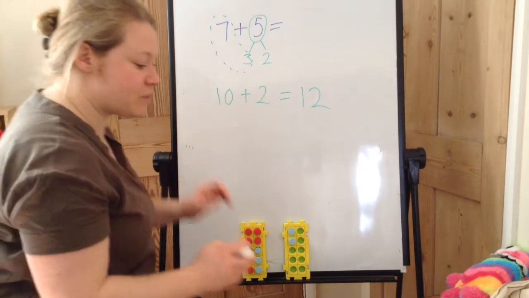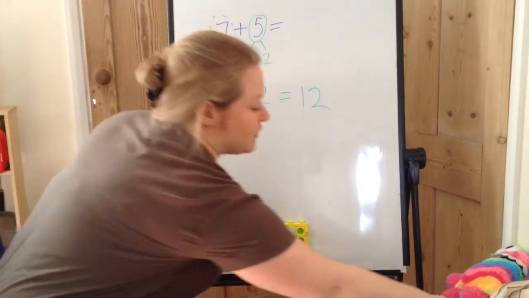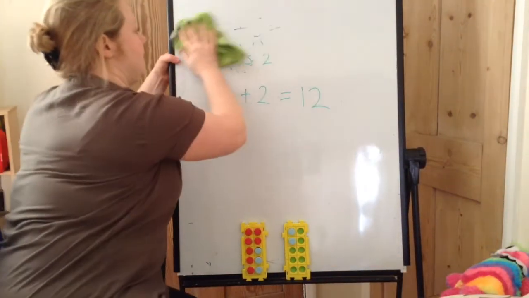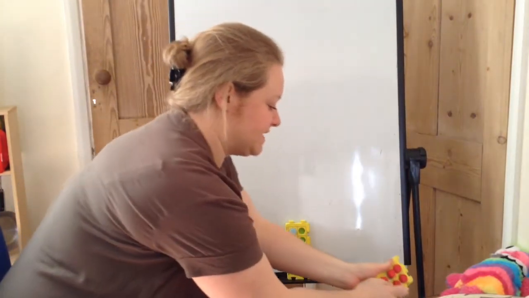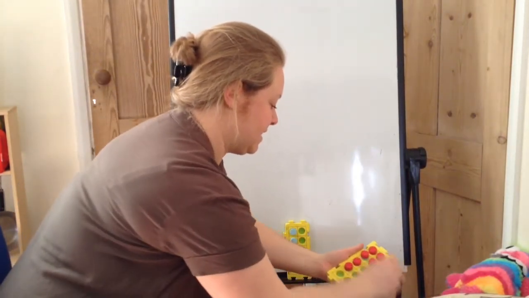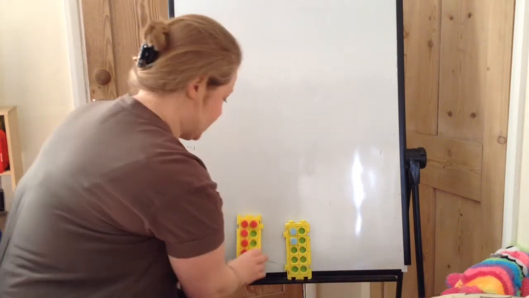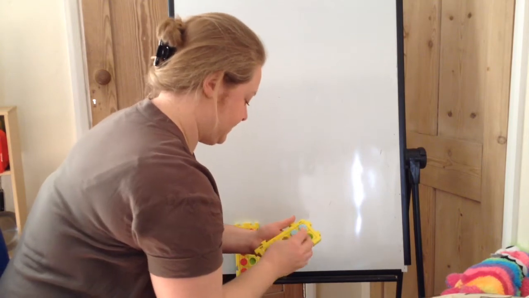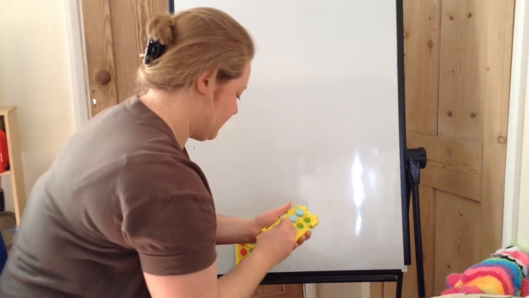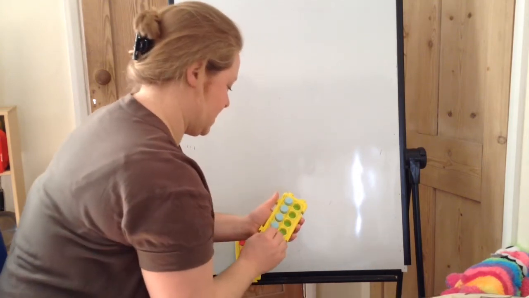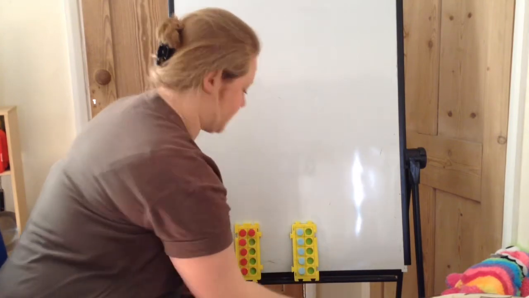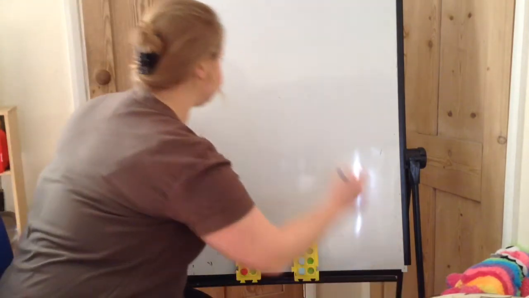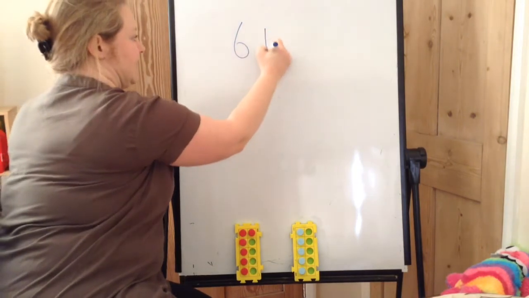Okay, so we're going to do another one of those just to make sure we really understand that. I'm going to change my numbers on my tens frame. Let's have 6 add 5.